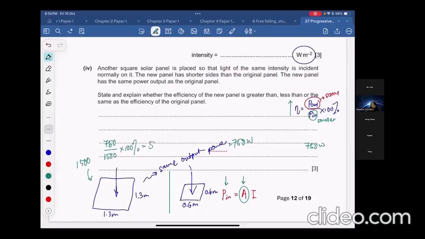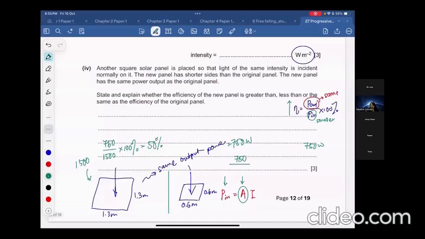My efficiency is only 50%. For the second case, my output is 750, but the input power that I receive is maybe only 1000, for example. Times 100%. So the zeros cancel. My efficiency is 75%.